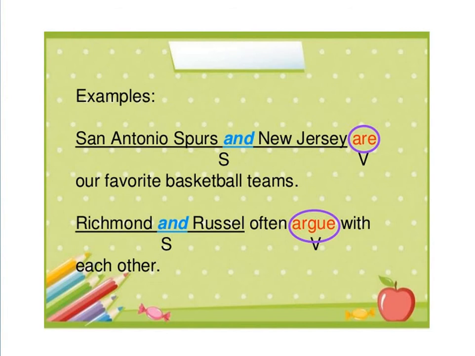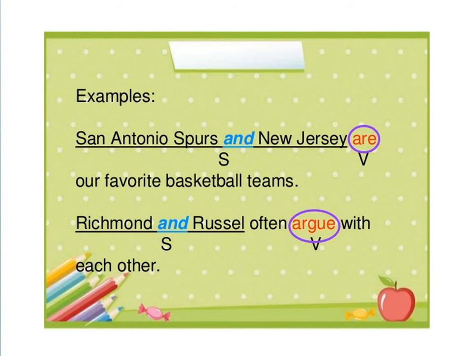San Antonio Spurs and New Jersey are our favorite basketball teams. Another example: Aisha and Ali are our favorite actors, Bollywood celebrities. So when two subjects are connected by a conjunction and, we always write the plural verb.